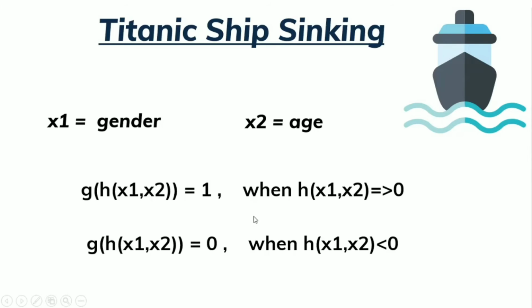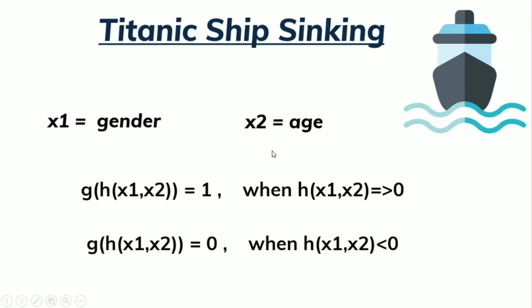Here you can see that when the hypothesis equation is greater than or equal to 0, the person has survived and it will be represented by 1 after applying the activation function. If the person has not survived and the hypothesis equation is less than 0, then the applied activation function will give us the value 0. So the answer is restricted to the range 0 and 1.